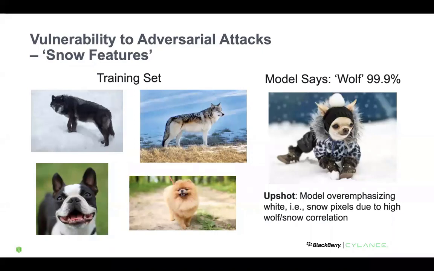In this case, the white pixels, the snow pixels. So an adversary could easily trick this classifier by taking a picture of your ordinary house dog, this little Chihuahua, including snow pixels in the image, and this would absolutely trick this classifier, because the classifier has learned to pick up on these co-occurrence features.